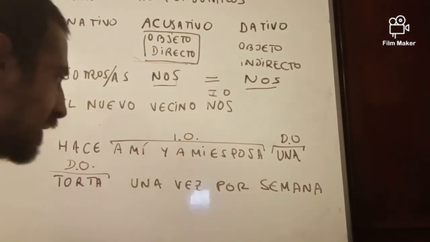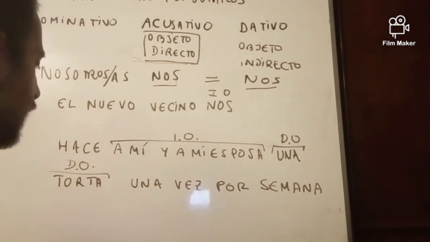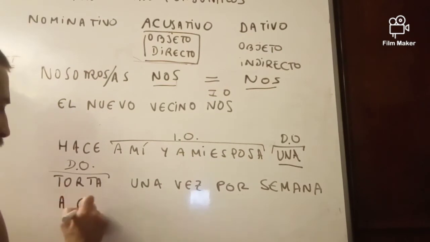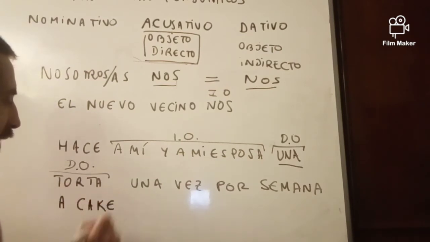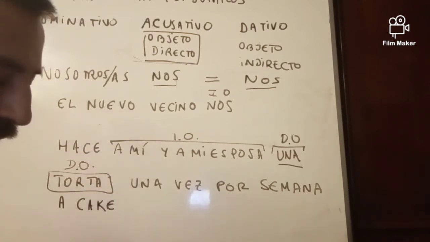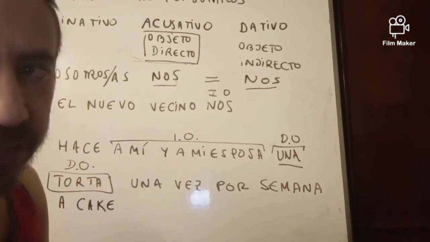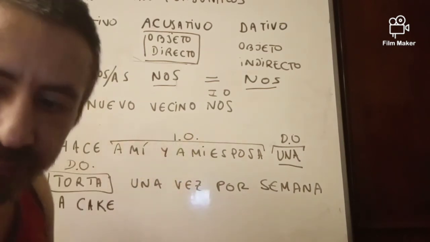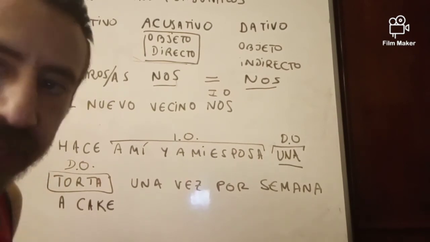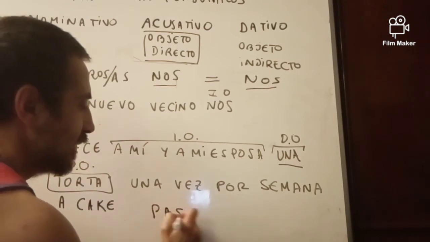Now let's replace the nouns for object pronouns. Una torta, so this means a cake. And I used the word torta on purpose. This is a way in which we say cake in Spanish in Argentina. In most Latin American countries and in Spain, they don't say torta, they say pastel.